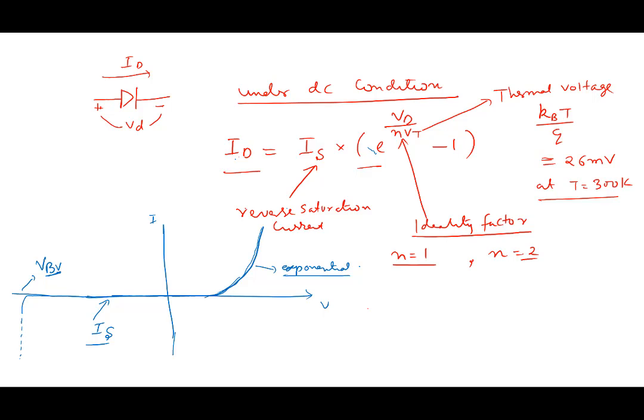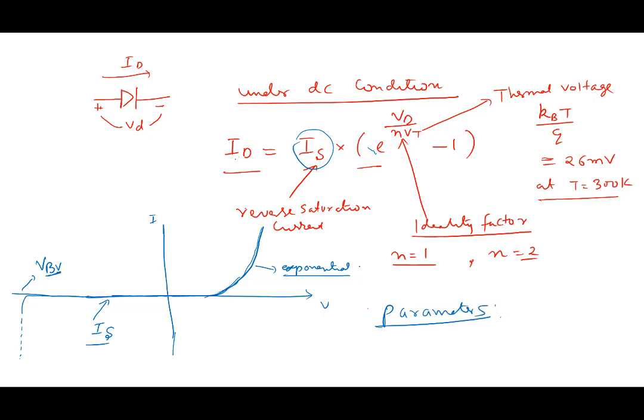If you pick up a diode, let's say a 1N4001, you will have a value of IS and you will know the value of N. Remember, we said a model is a mathematical representation for a purpose. In the model, there are always parameters.